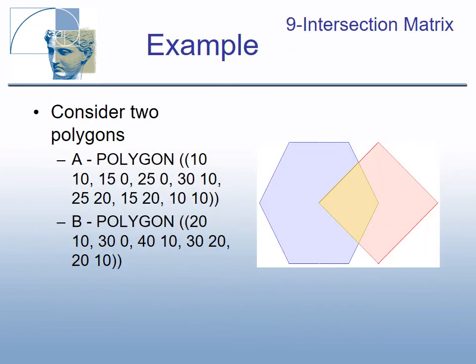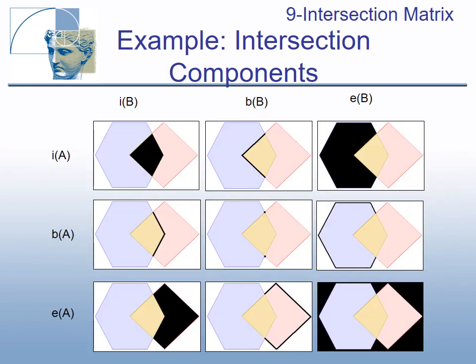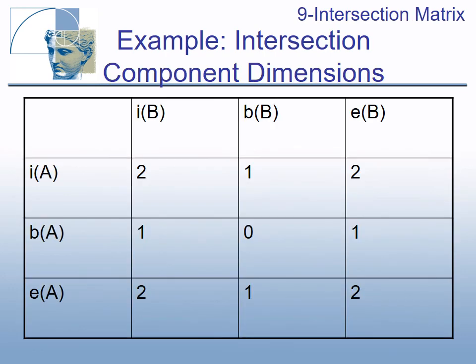Let's consider an example with these two polygons. On this slide you can see the values of intersection components for two polygons in nine-intersection matrix in terms of interior, boundary, and exterior. The values of the intersection component dimensions are represented on this slide.